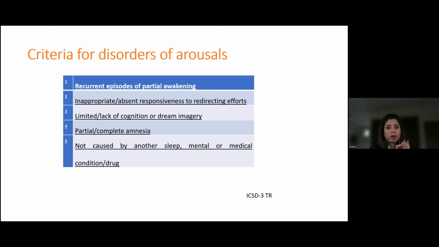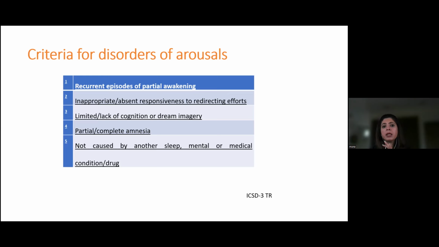Next, there is inappropriate or absent responsiveness to redirecting efforts. They may appear to be sleepwalking, but if somebody calls out their name, they are not going to respond. Then there is limited or absent cognition. Either they are not really aware of what's going on, or even if they appear partially aware, they will not remember it. That was the fourth point, partial or complete amnesia.